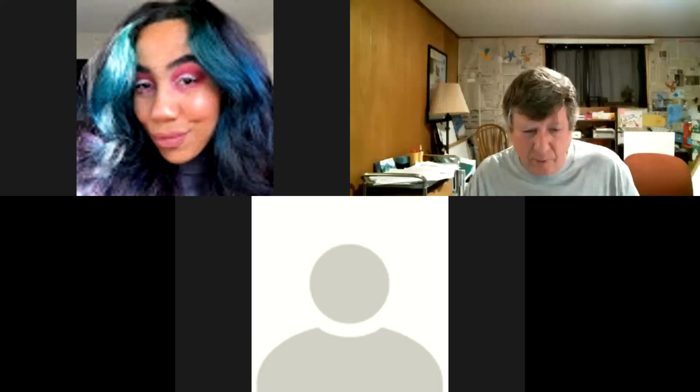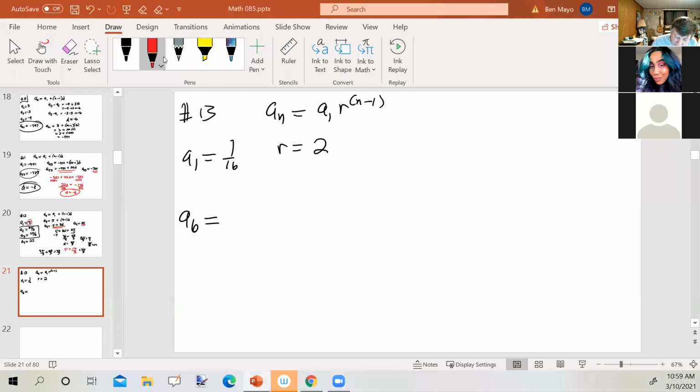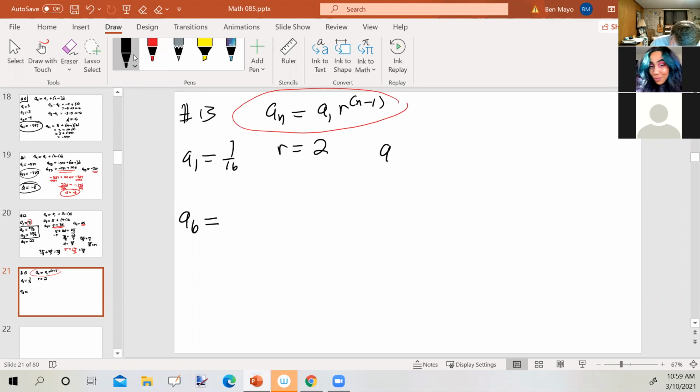And we want to find a sub 6. Okay, so back to the whiteboard screen. Again, here's the formula for the geometric sequence. We know the first term and the common ratio. A sub 6 would be a sub 1, which is 1/16, times r, which is 2, raised to the n minus 1 power, which would be the 6 minus 1 power.